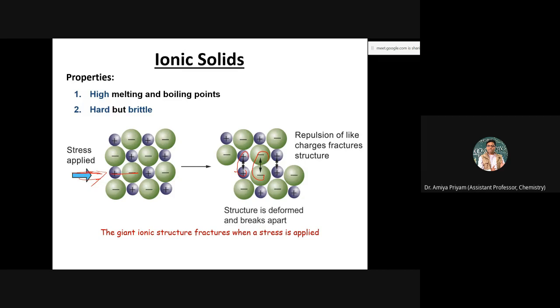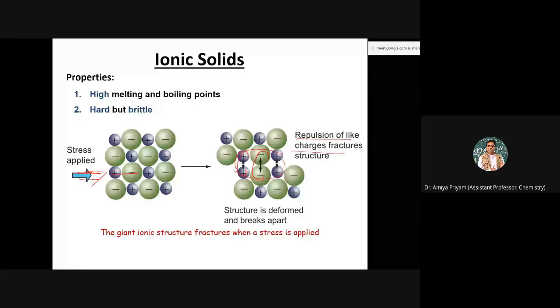It is only one two-dimensional view that we are having. In a three-dimensional crystal, you can imagine there will be multiple layers in which this kind of interaction will happen, and so the increased repulsion leads to total fracture of the crystal. That's why it breaks when the stress is applied after a certain point.